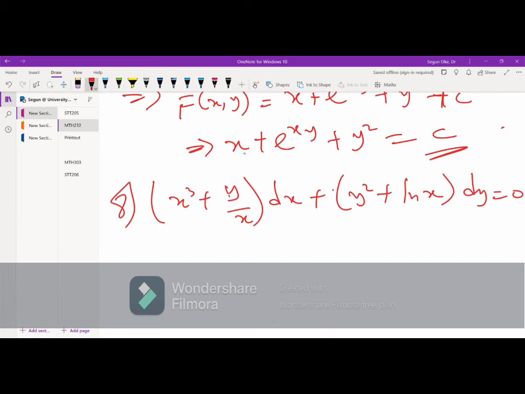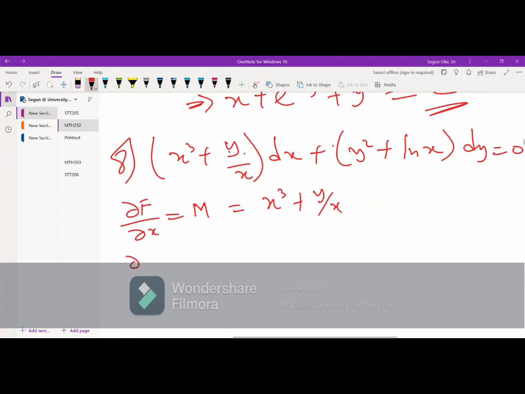So in this case now, our m or our df dx is equals to m, which is equals to x cubed plus y over x. So our df dy is the same thing as n equals to y squared plus ln x.